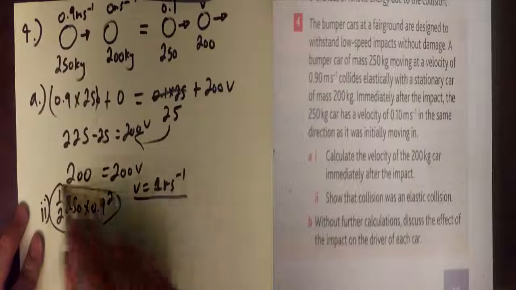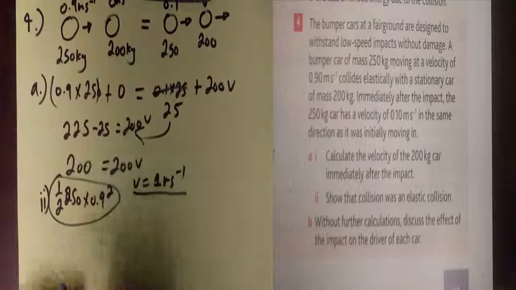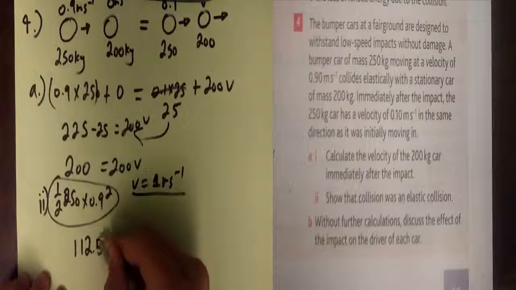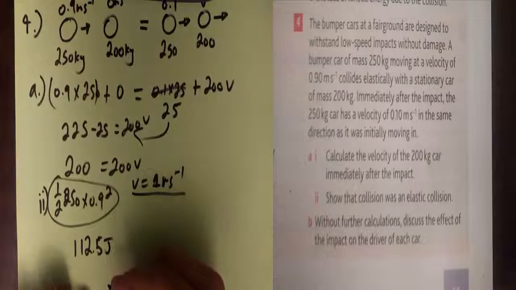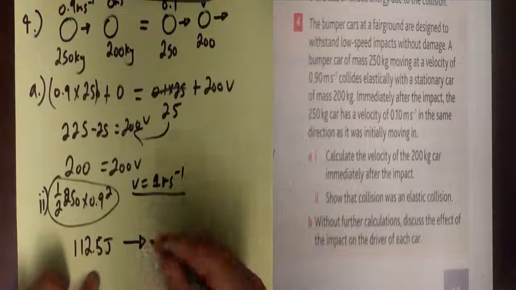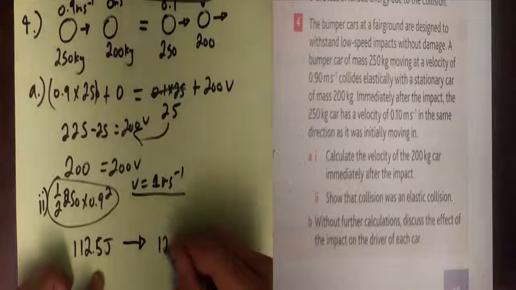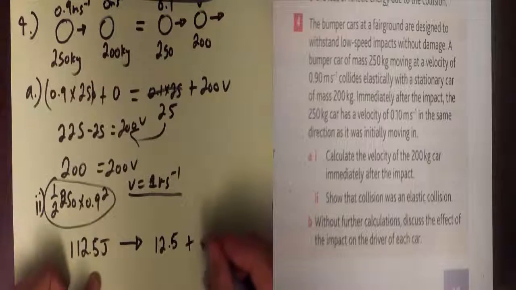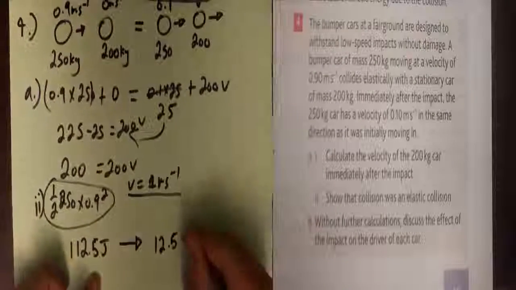So that's the general idea for kinetic energy. Now, we get 112.5 joules going to 12.5 joules plus, because we know V is 1, 100 joules.